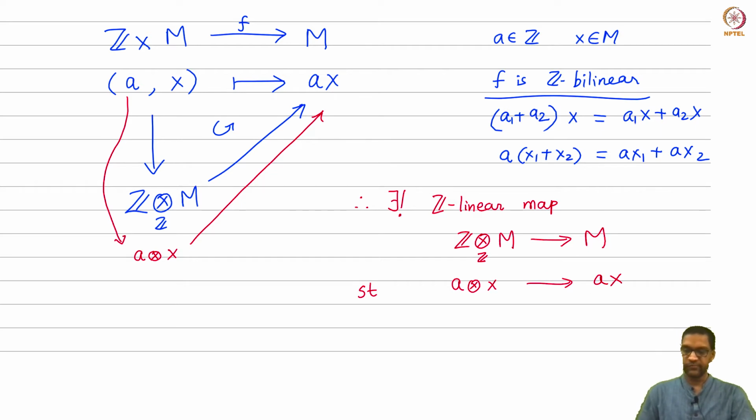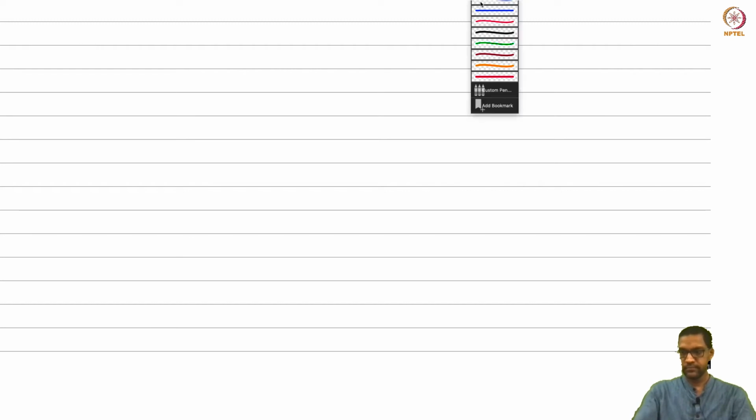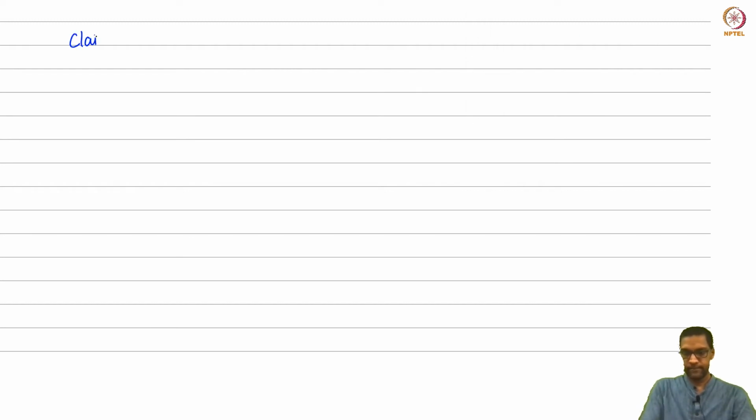This is just another way of saying it makes the diagram commute. Okay, good. Now the claim is that this map is an isomorphism. That's going to be our claim: it is an isomorphism of Z modules, meaning an isomorphism of abelian groups.